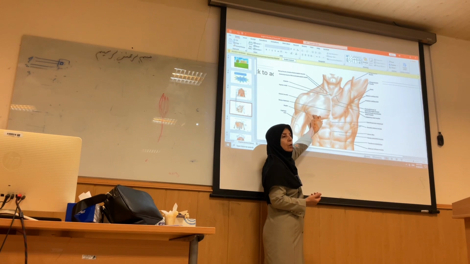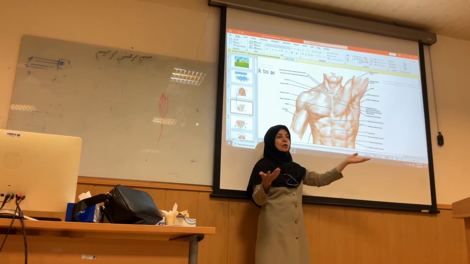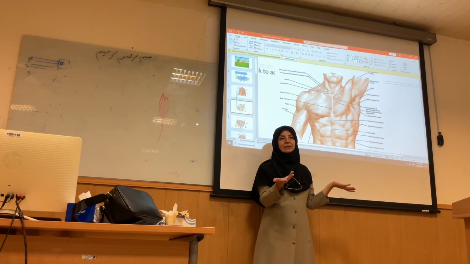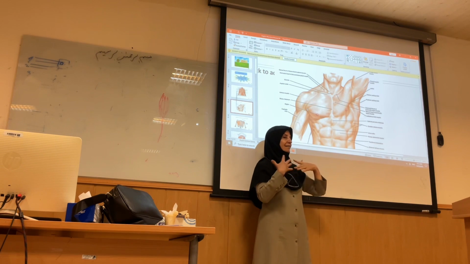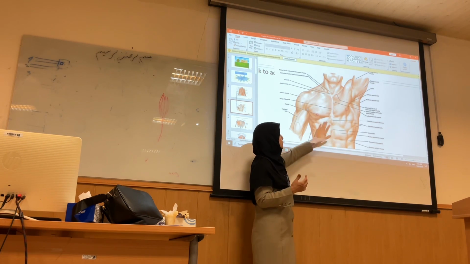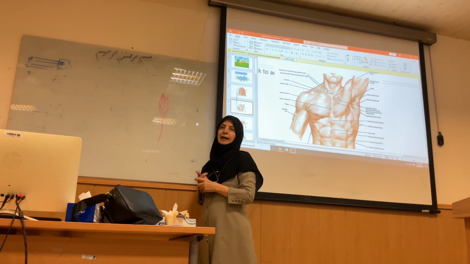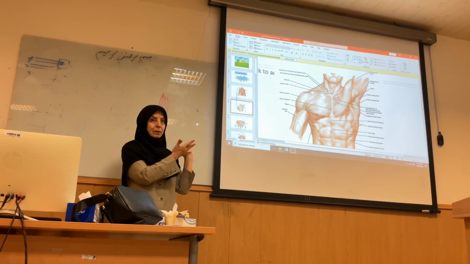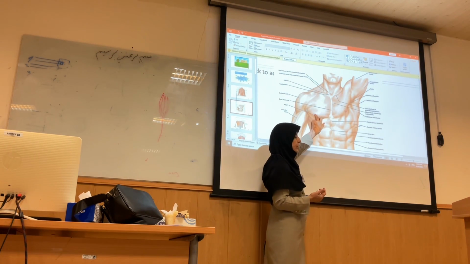Nipple and areola. The nipple and the areola are located on the skin. In other places, we don't have breasts. So in the skin of the anterior wall of the thorax, I should explain for you the breast or mammary gland. You know the breast superficially, and you are able to see the nipple and the areola.